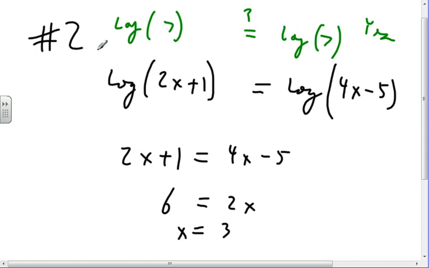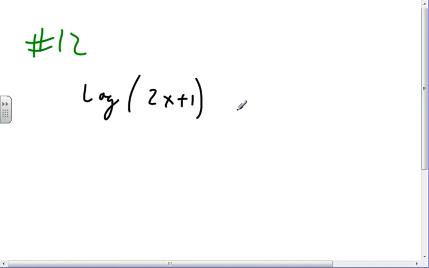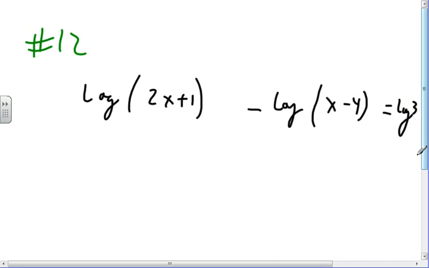All right, we move down to 12. Log 2x plus 1 minus log x minus 4 is equal to log 3.